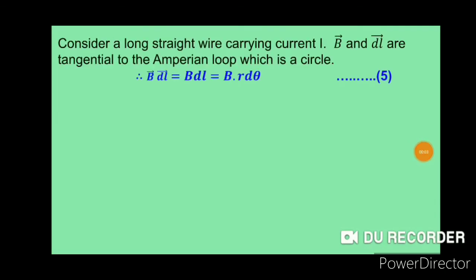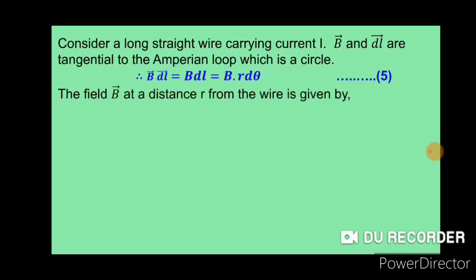Consider a long straight wire carrying a current I. B bar and dl bar are tangential to the Amperian loop, which is a circle. Therefore, B bar dot dl bar is equal to B dl, which is equal to B r d theta. The field B bar at a distance r from the wire is given by B is equal to mu 0 upon 2 pi, I upon r.